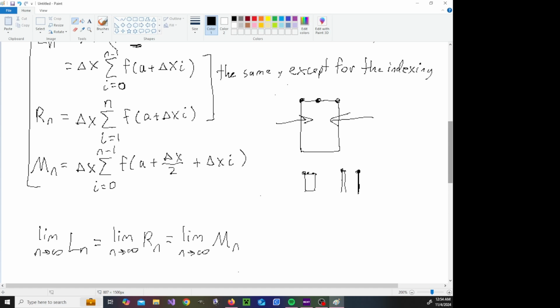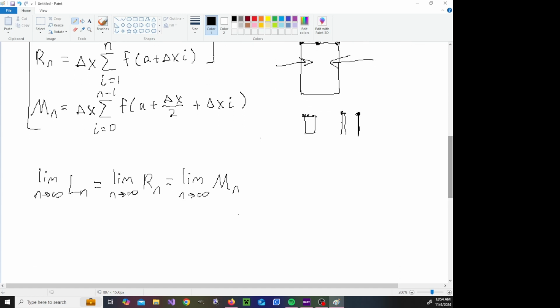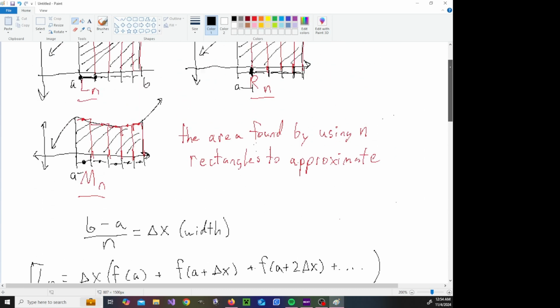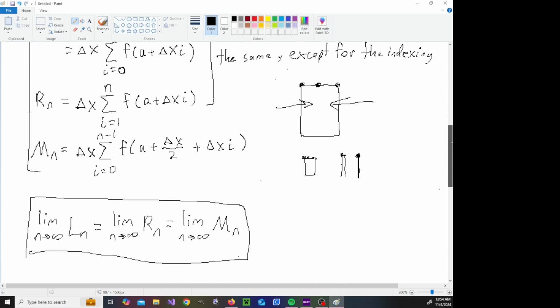But once I take this limit as n goes to infinity, they end up all balancing out because these are infinitely thin rectangles. So the left, the middle, and the right don't really have a significant difference, right? They're infinitely thin, so the left, middle, and right are infinitely close to each other. So a little bit of a weird conceptual argument to make, but just something to point out is this fact. I can use whichever setup I want to find the exact area of this thing under the curve, the shaded region under the curve.